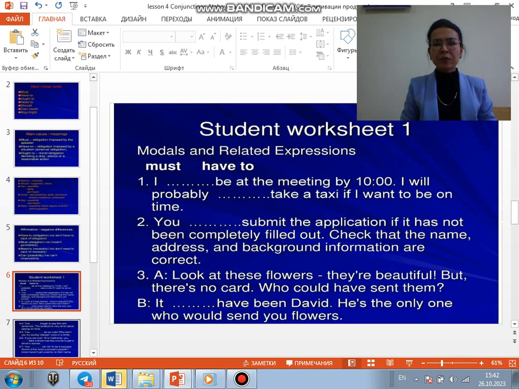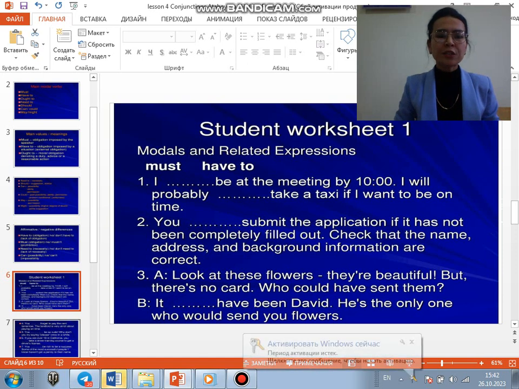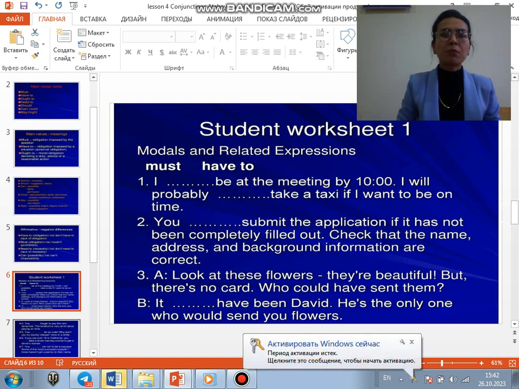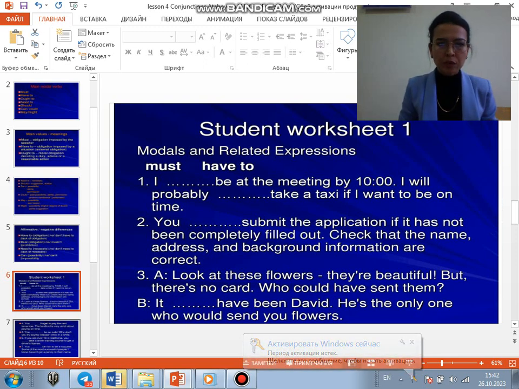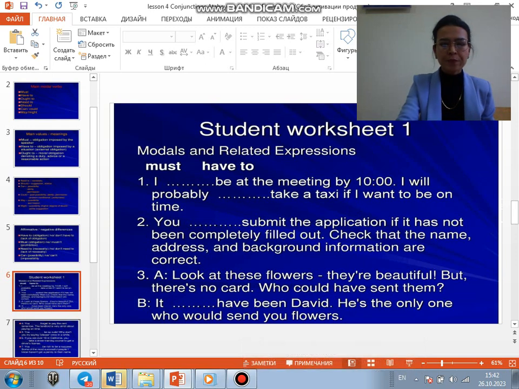Dear students, you can see there are some worksheets for you to do exercises at home related to modal verbs. For example, modals and related expressions. How can you do this exercise at home? For example, you have to fill some gaps with the modal verbs must and have to in the first one.